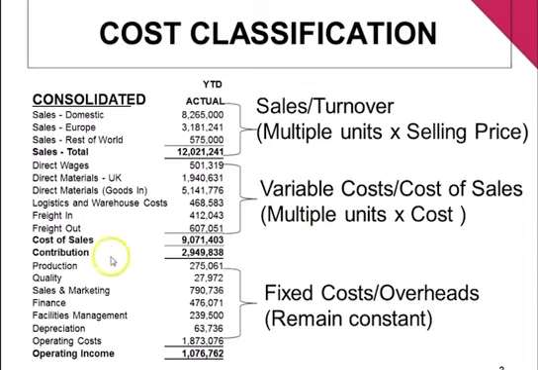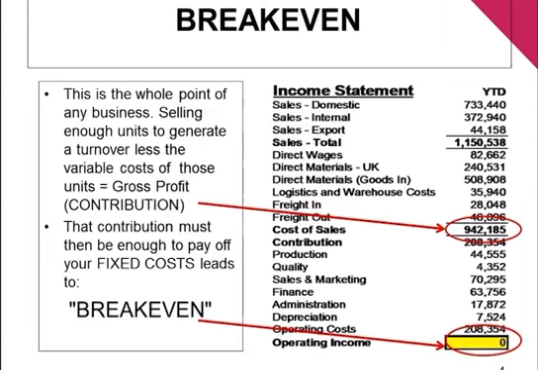Then you generate enough contribution to cover your fixed costs, and hopefully at the end you'll make a profit. Again, just to make the point, if you make enough contribution to cover your fixed costs, you will break even.